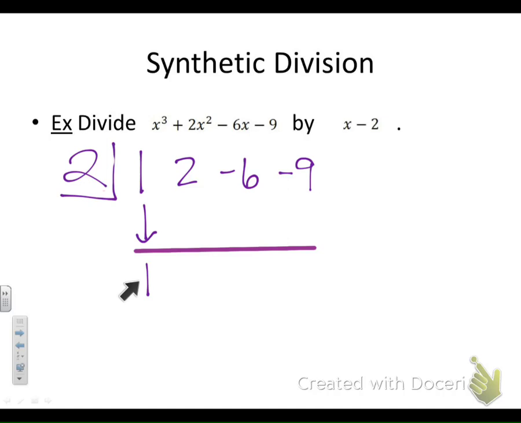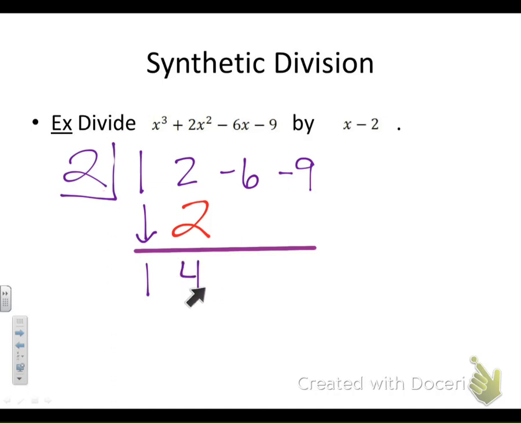And here's how it goes. You're going to take the number down here and multiply it by the number in the box. You will write it below the next term, and then add. So let's go through this. You take 1 times the number in the box and write it in the next column below the next term. So we get 4 in this column.